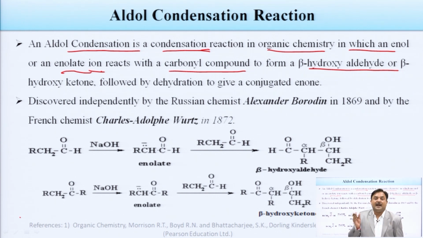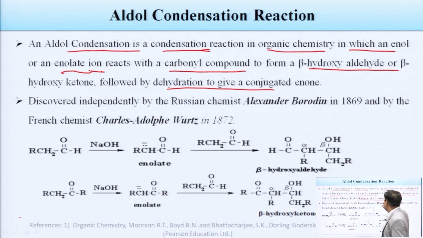When we use an aldehyde as a substrate, we get beta hydroxy aldehyde. When we use a ketone as a substrate, we get beta hydroxy ketone as the product, which can be followed by dehydration to give a conjugated enone, also known as alpha beta unsaturated carbonyl compounds.